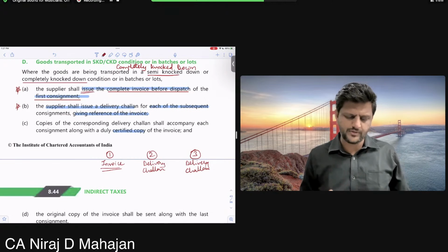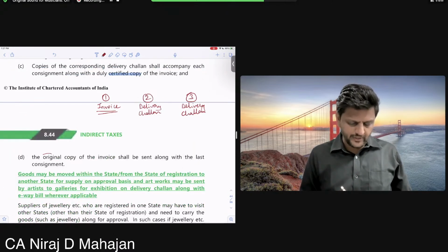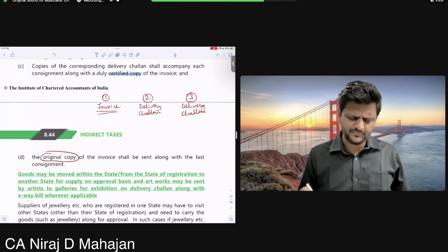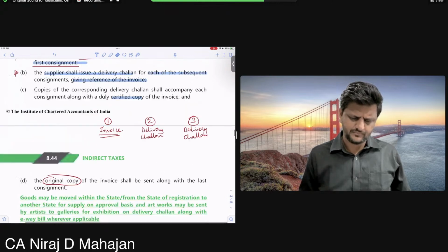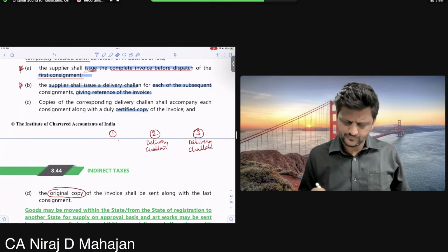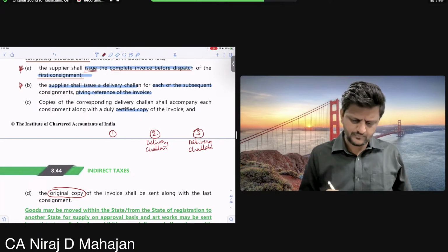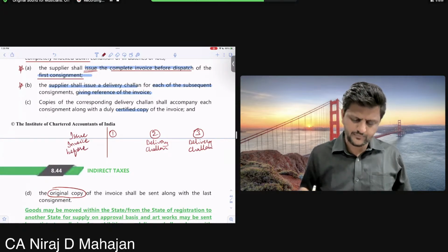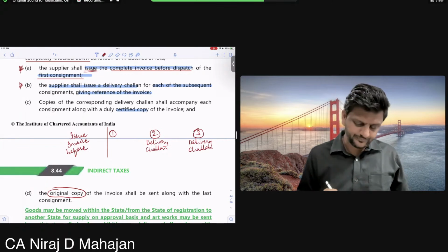Shall issue the complete invoice. The original copy of the invoice shall be sent along with the last consignment. Check it. So here, issue complete invoice before dispatch. And every time, what will you do?